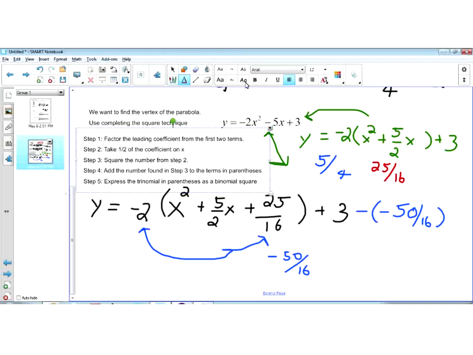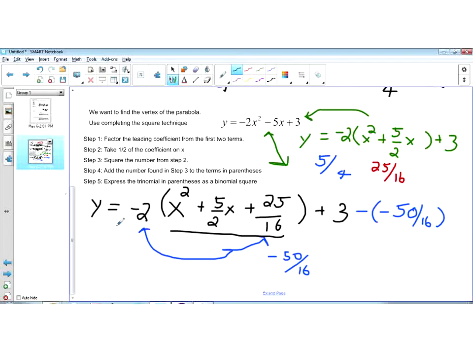Okay, so in other words, you have to take this trinomial and express it as a square. And it turns out if you did the completion of the square properly, then this would be a perfect square. So this trinomial, if done correctly, should be a perfect square.